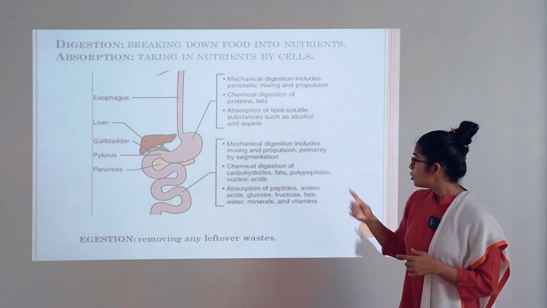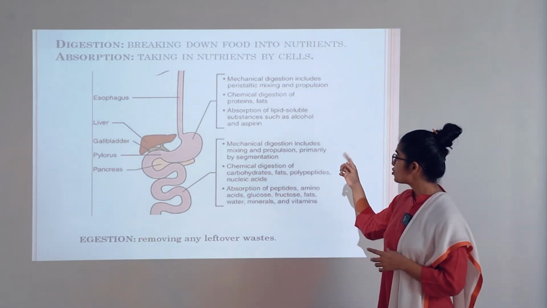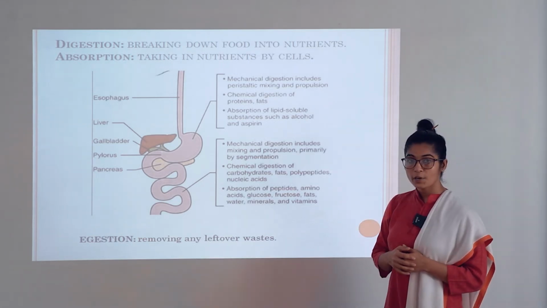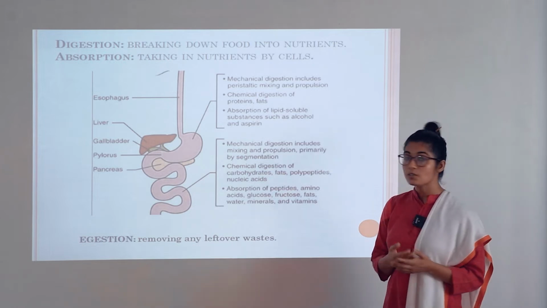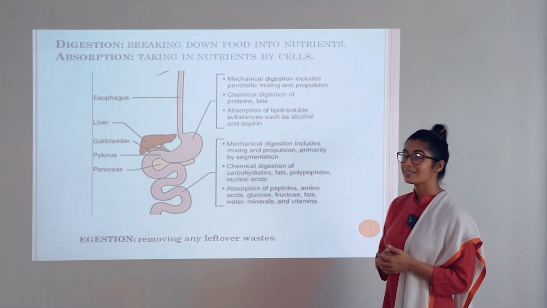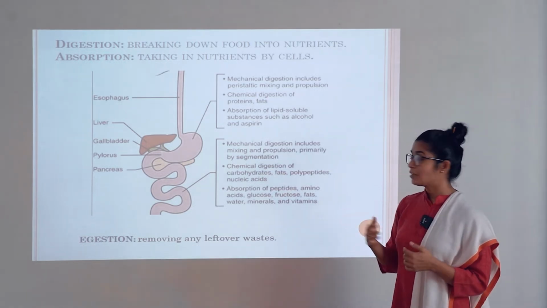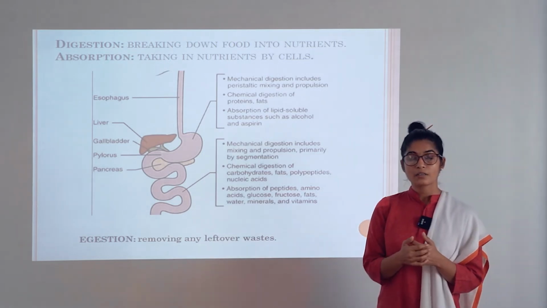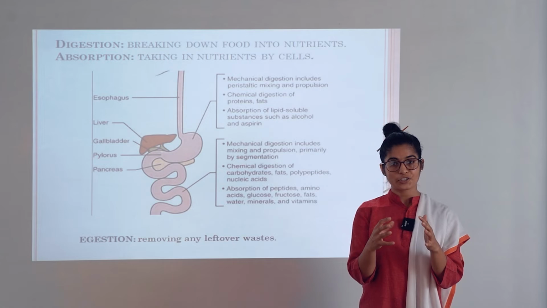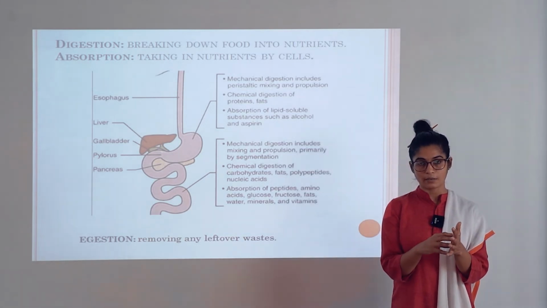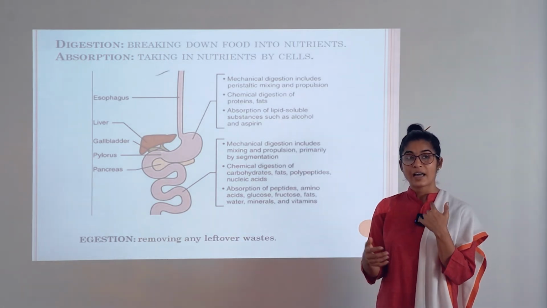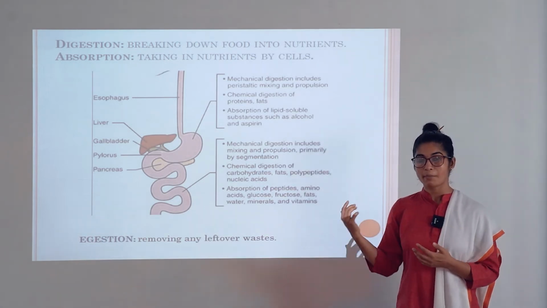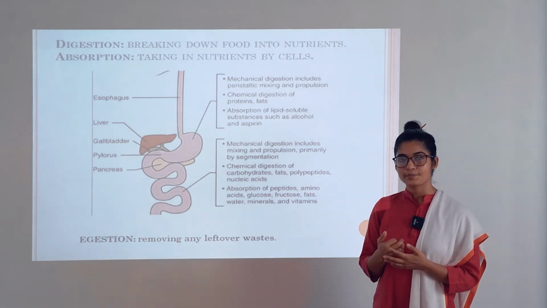During this process, chemical digestion of protein and fats begins, and there is absorption of lipid soluble substances such as alcohol and medicine like aspirin. So in the stomach, though digestion is happening, the absorption of alcohol and aspirin also happens.